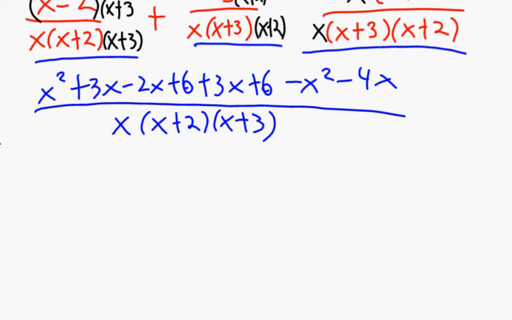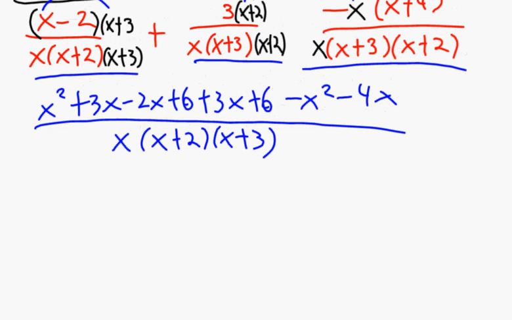Then you're on a bit of a tidying up process. X squared cancels with the other x squared. 3x plus 3x is 6x, minus 2x is 4x, minus 4x is 0. 6 plus 6 is 12.